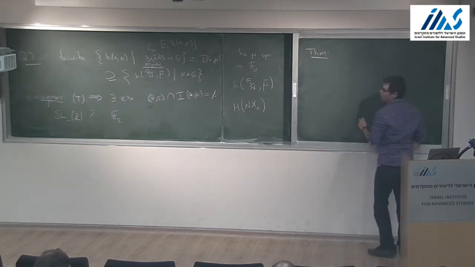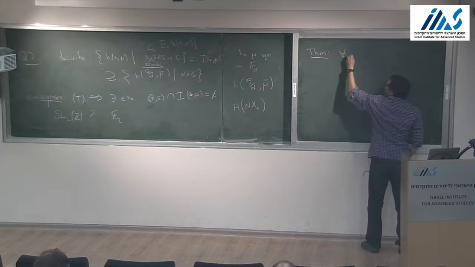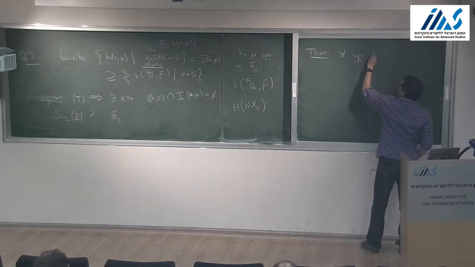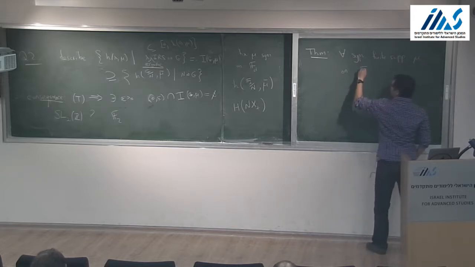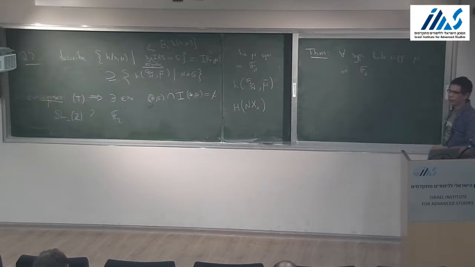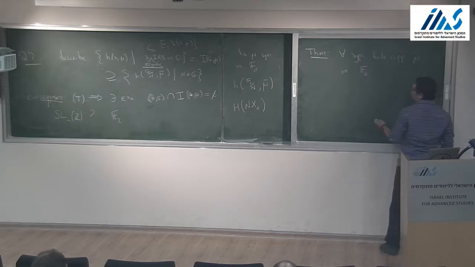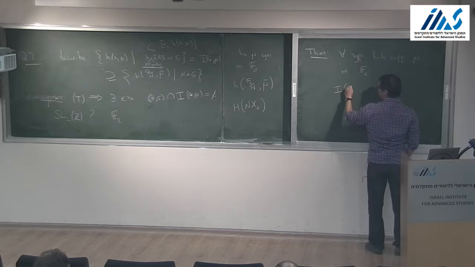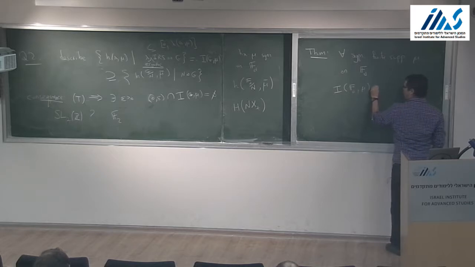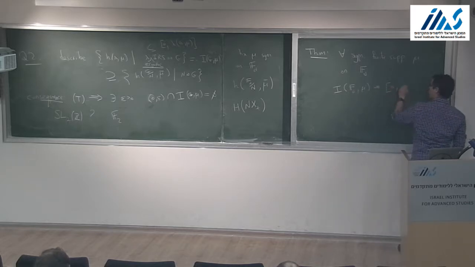Okay, so for any symmetric and finitely supported mu on F_D, the free group on D elements, this interval is just the full range of possibilities.